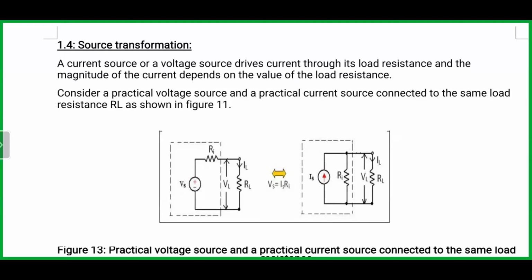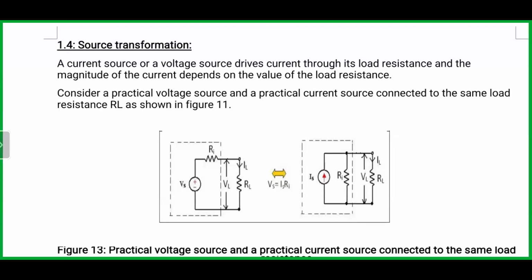So, the very important point I want to make here is that the supply voltage or the source voltage or the source current supplies current depending on the requirement of the load resistor. Okay. So let me read it again.